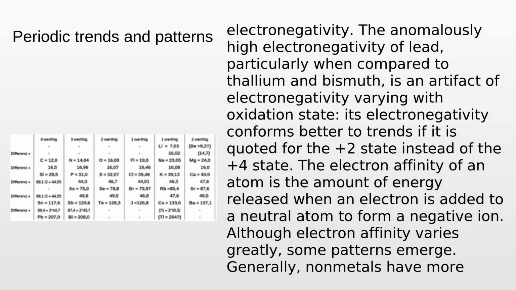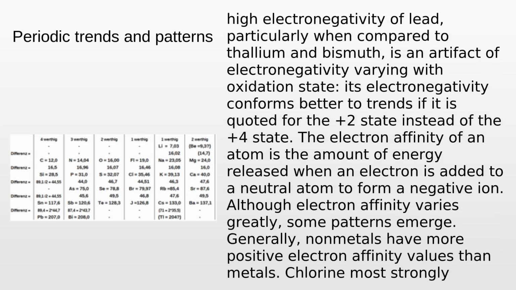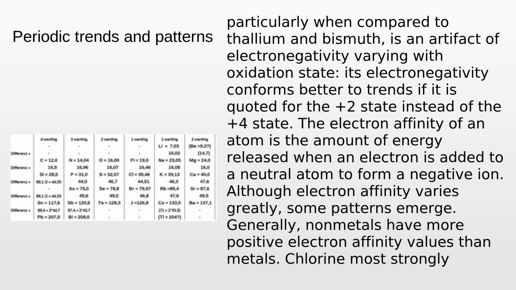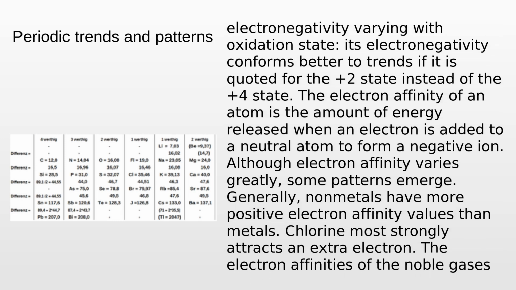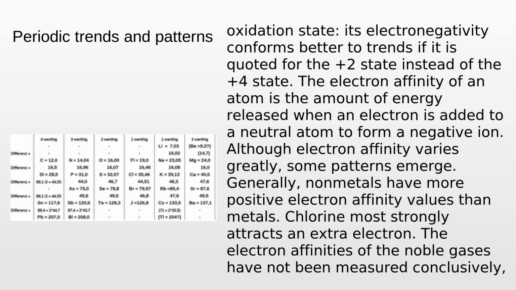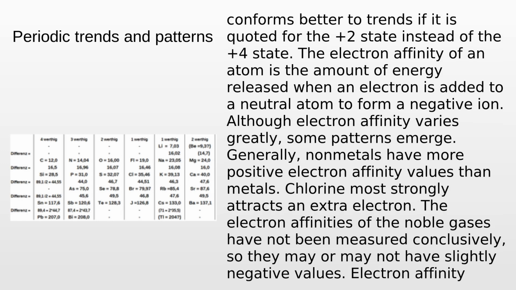The anomalously high electronegativity of lead, particularly when compared to thallium and bismuth, is an artifact of electronegativity varying with oxidation state. Its electronegativity conforms better to trends if it is quoted for the +2 state instead of the +4 state.